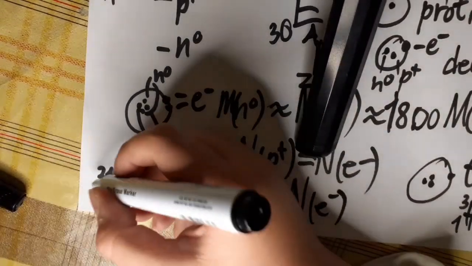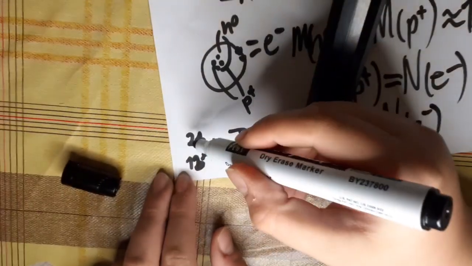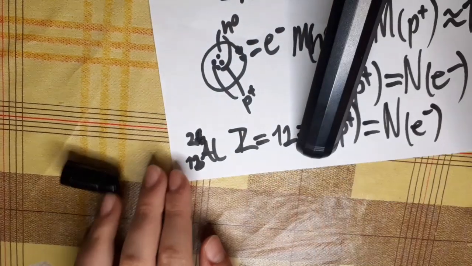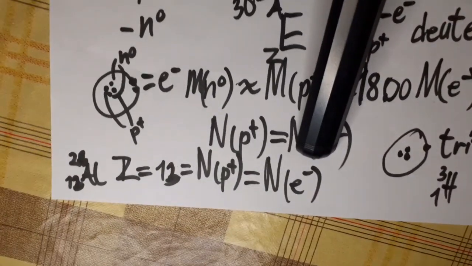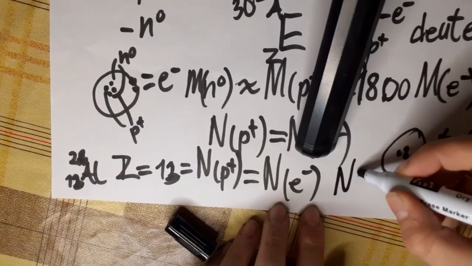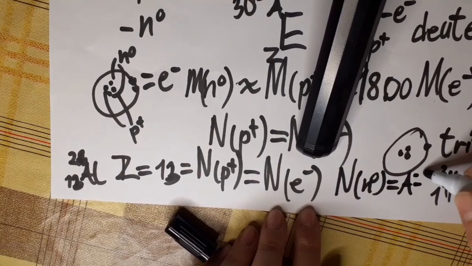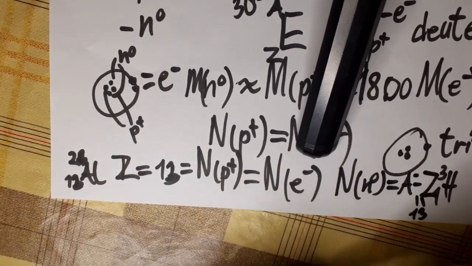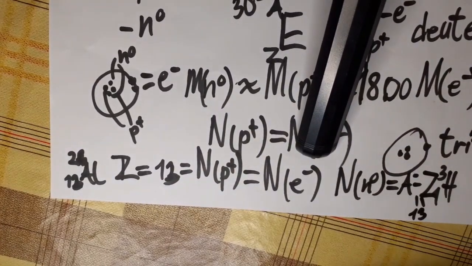And the number of neutrons is equal to A minus Z, which is equal to 13. 26 minus 13 is 13.